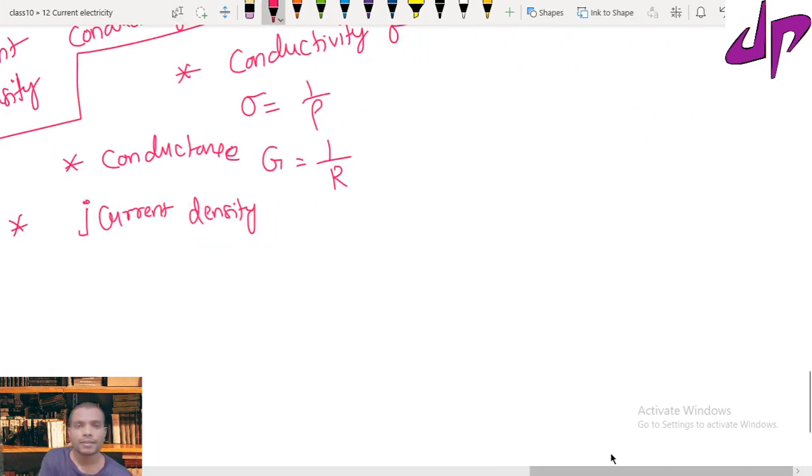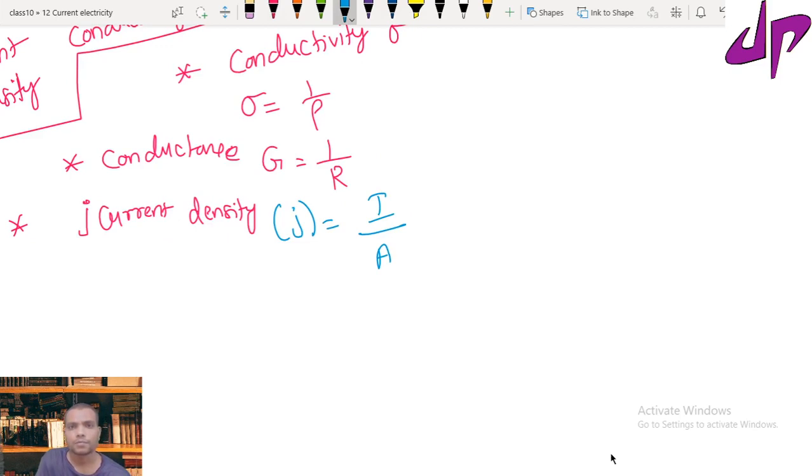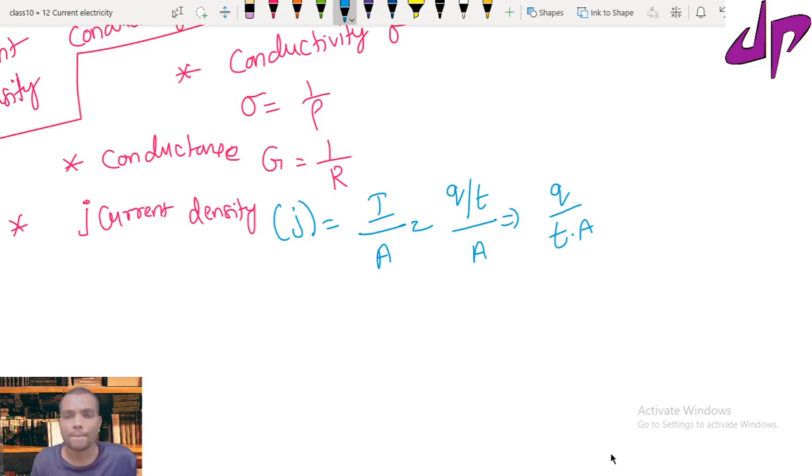Current is charge upon time, so J equal to Q by T times A, where Q by T is I.